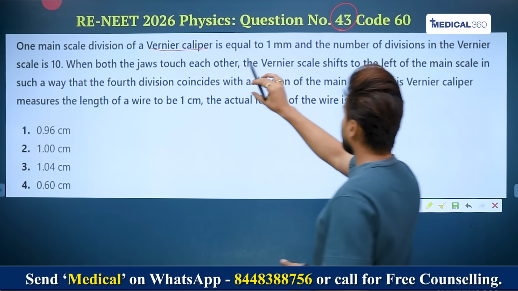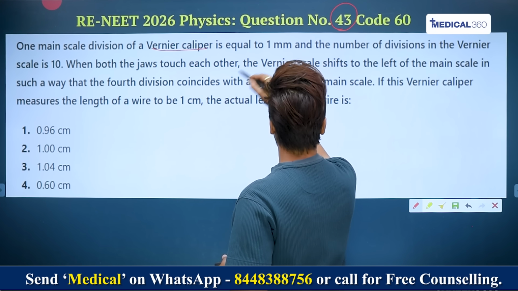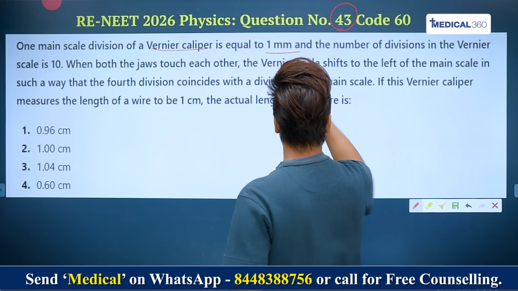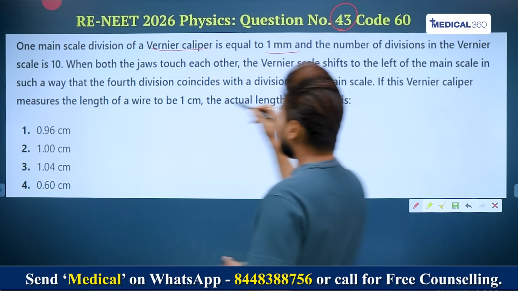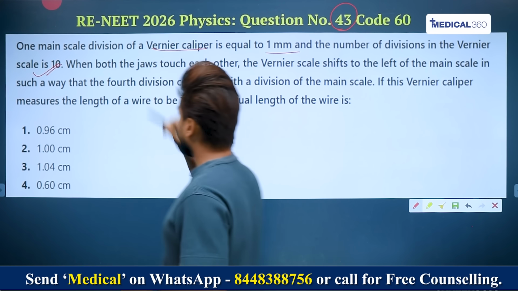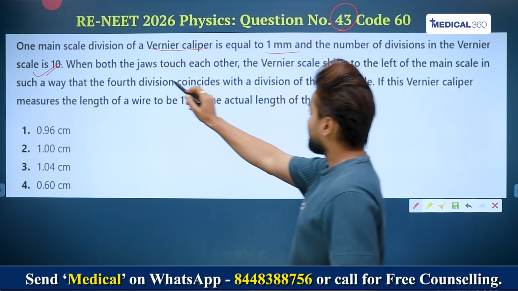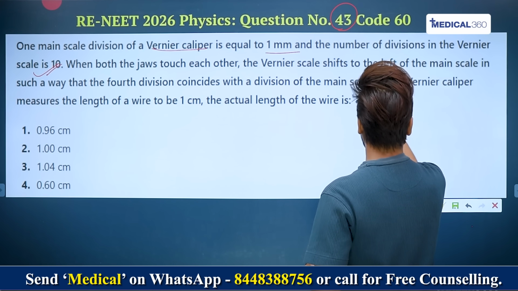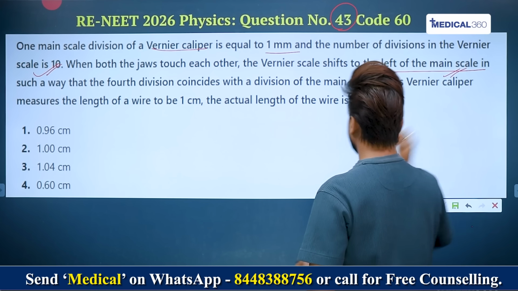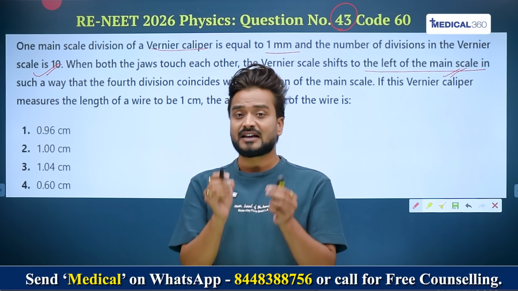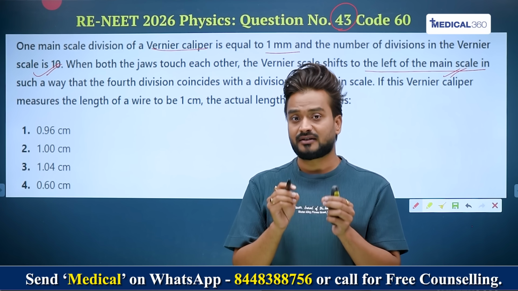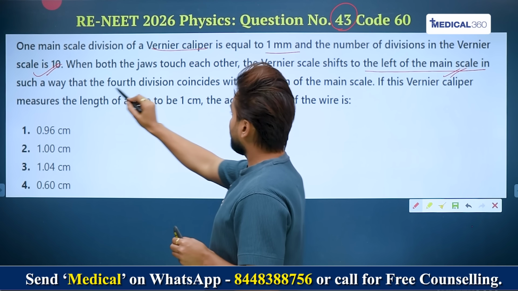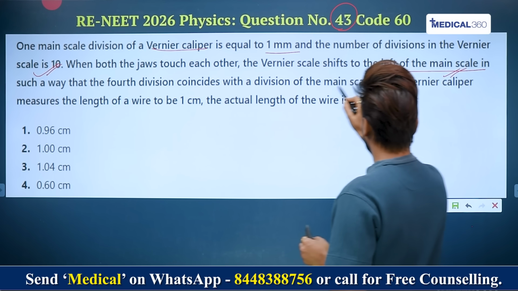So basically in this question, the main scale division has been shown to be 1 millimeter and the number of divisions is 10. Then it says when both the jaws touch each other, the vernier scale shifts to the left of the main scale. That clearly indicates that there is a negative zero error, in such a way that the fourth division coincides with the division of the main scale.